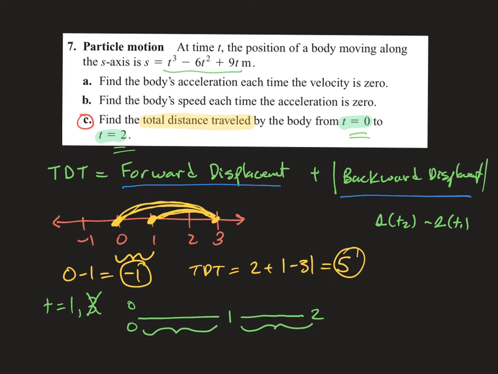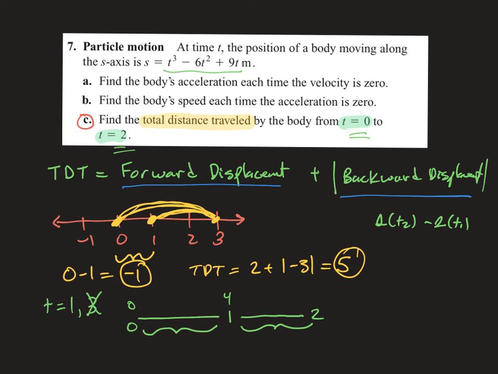At 1, I get 1 minus 6 plus 9. 1 minus 6 is negative 5 plus 9 is 4. And then at 2, I get 8 minus 24, that's negative 16 plus 9. Is that negative 7?